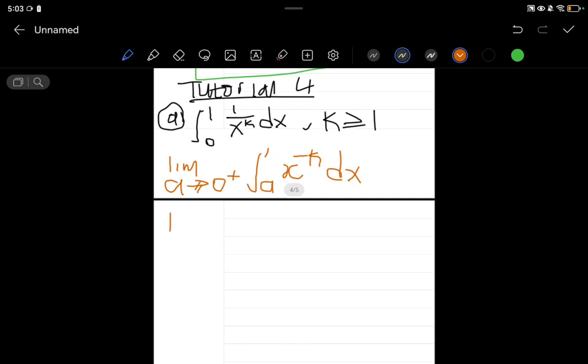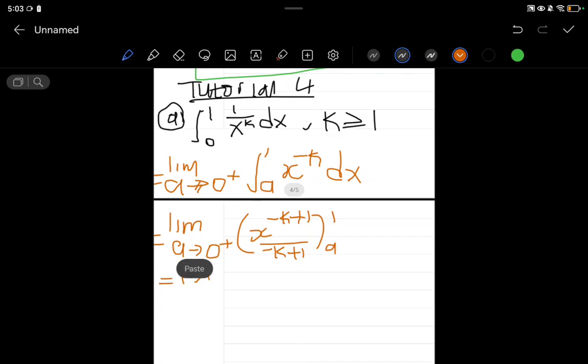So this is going to be the integral. Let's not forget to put the equal sign. As A approaches 0 from the positive, if I integrate this, I'm going to get x to the minus k plus 1 over minus k plus 1, from A to 1. Then this is equal to the limit as A approaches 0 from positive.